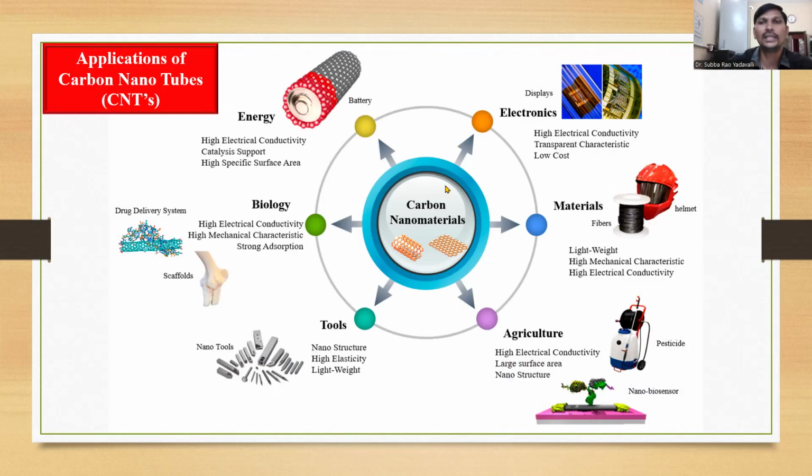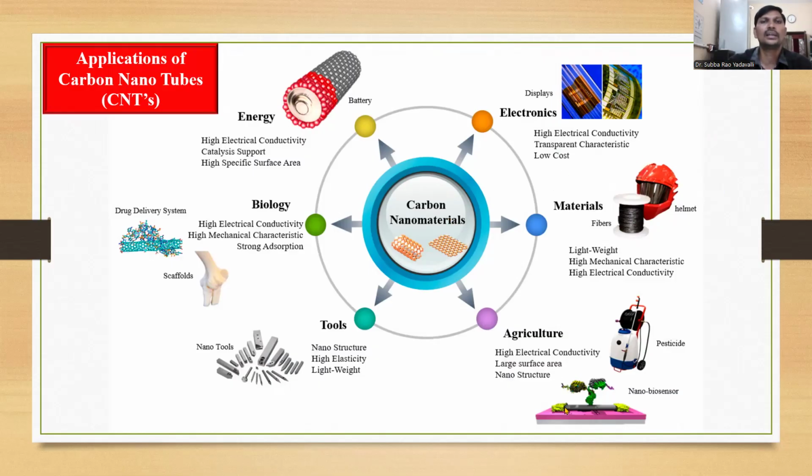And these are widely used for the fabrication of electronic displays of various electronic devices. Almost all electronic devices have carbon nanomaterials. And the next one, these carbon nanomaterials are used for fabrication of household materials and industrial materials due to their light weight and high mechanical properties.